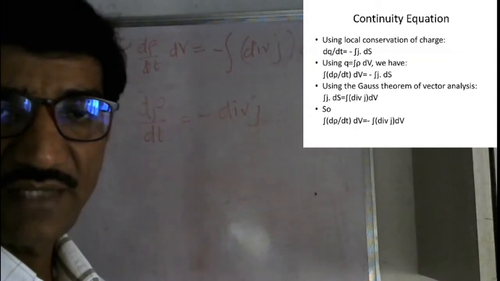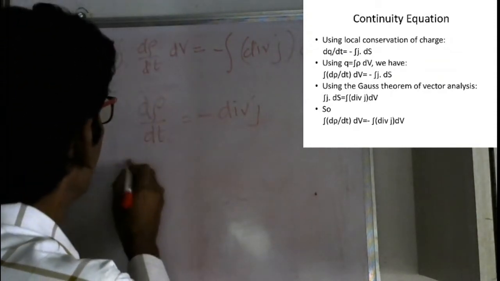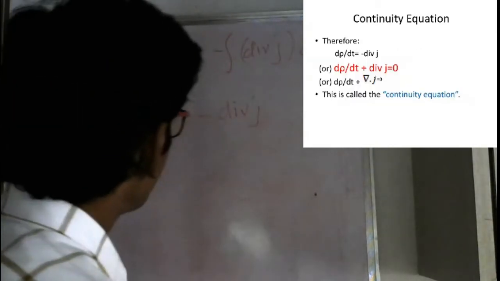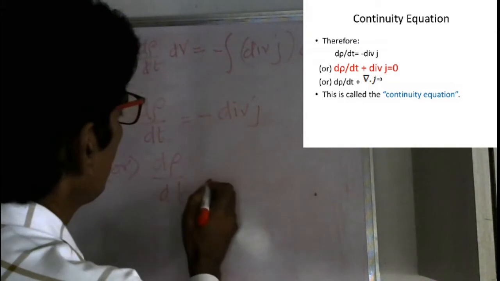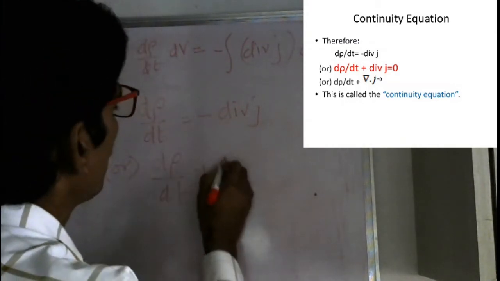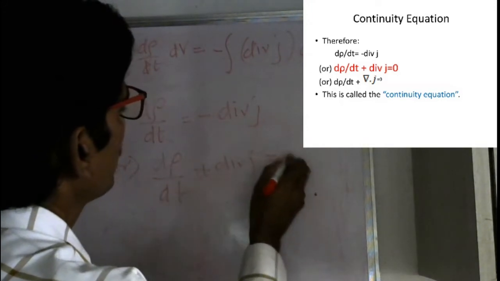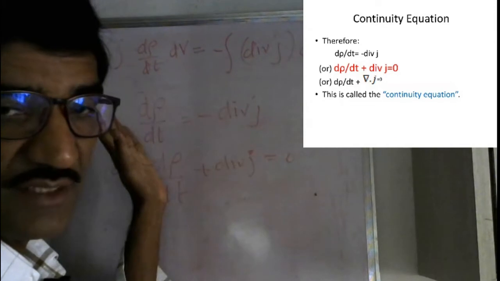Or we may write d rho by dt plus div j is equal to 0, when we take div j to this side.